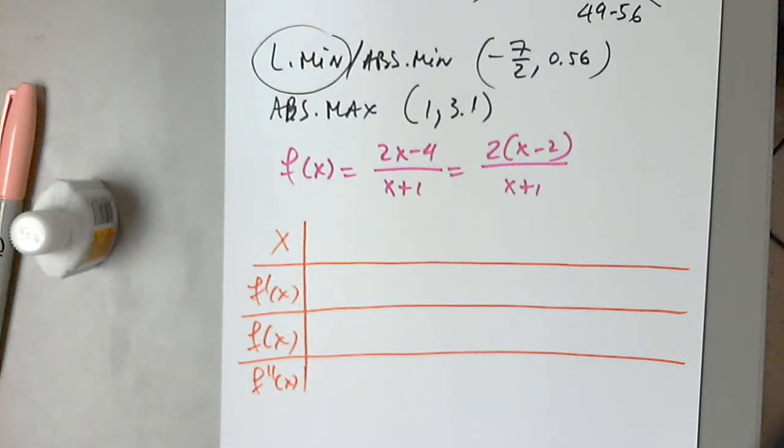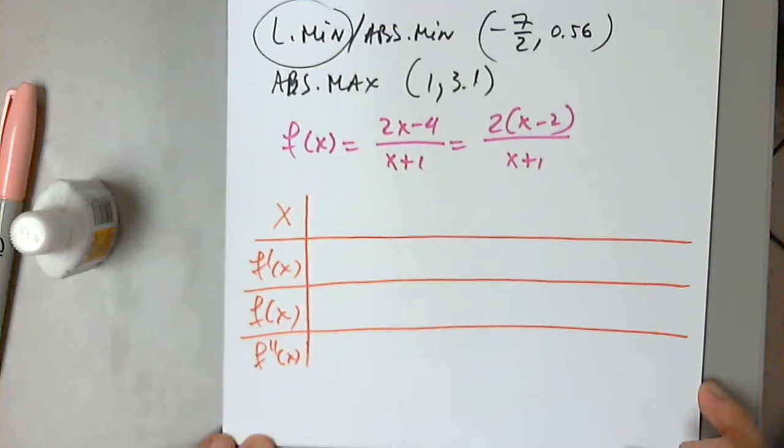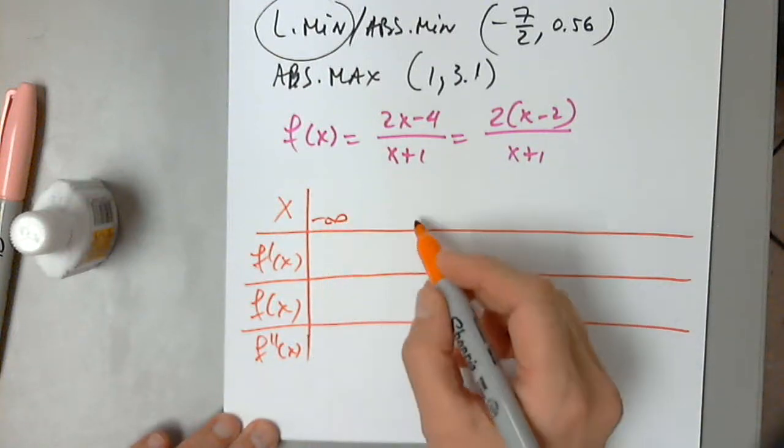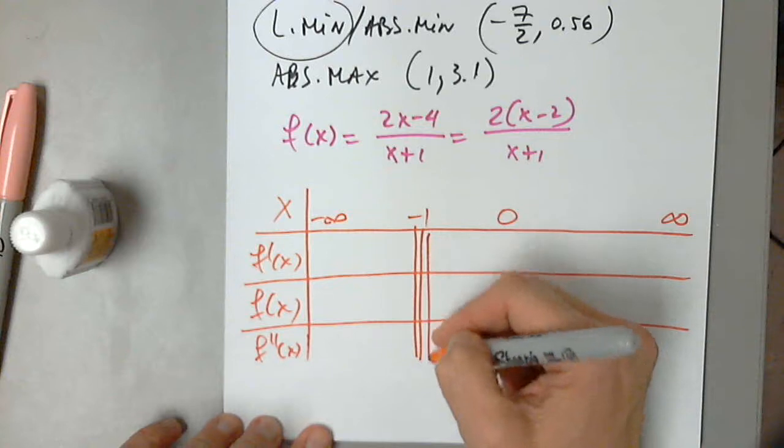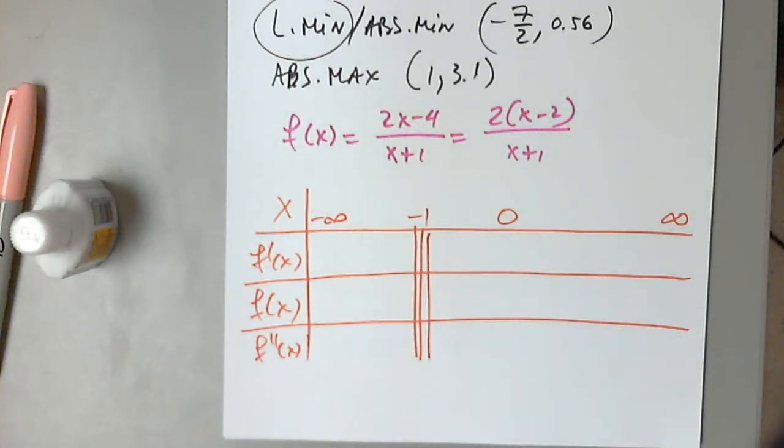The domain is anything but? Very good. Negative infinity, -1, union -1, infinity. And since the function is undefined at -1, of course, the derivatives will be undefined as well. Okay, what can we find about the function?